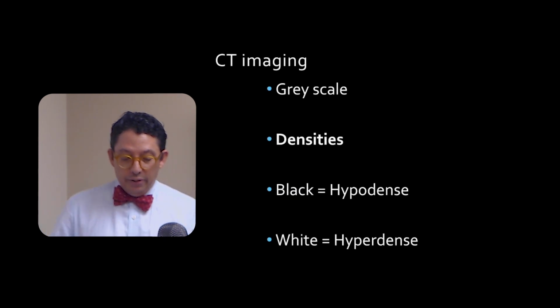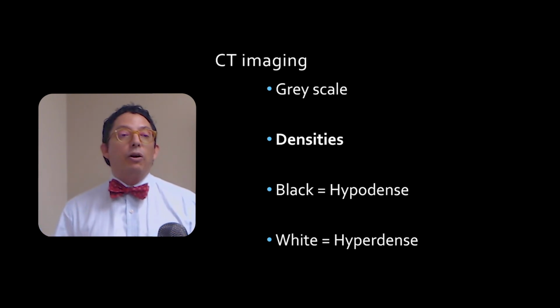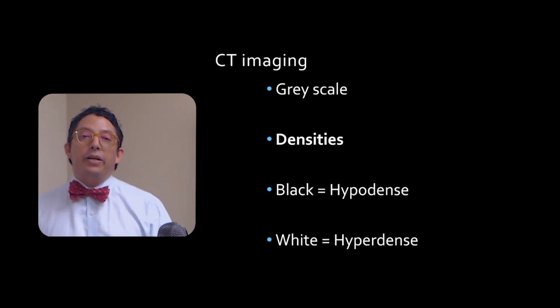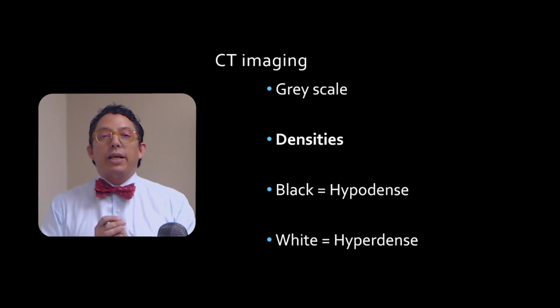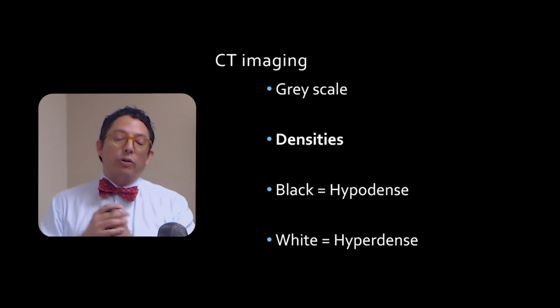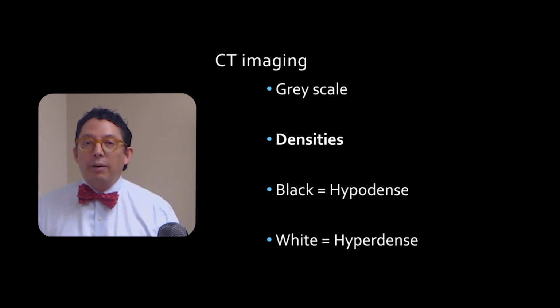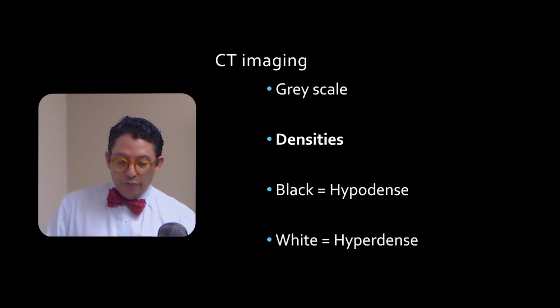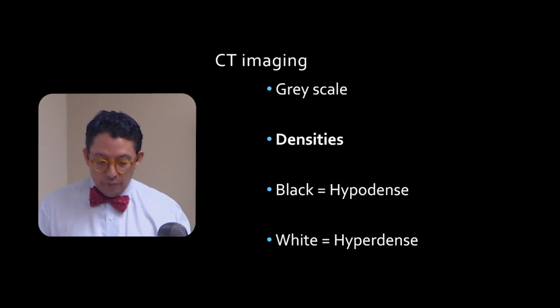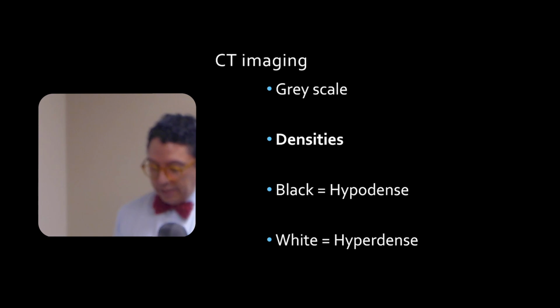So again, CT imaging has a grayscale, and because CT is based on how dense the structure is for the photons to cross, when we're speaking the CT lingo, we're going to be talking about densities. If something is dark on CT, we talk about something being hypodense. If something is white on CT, we talk about something being hyperdense.